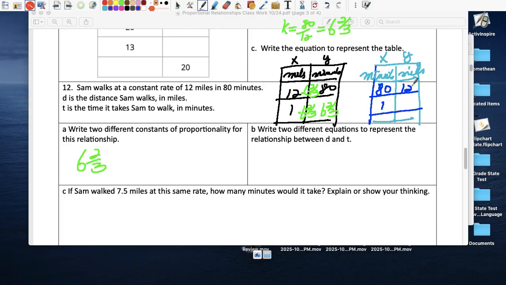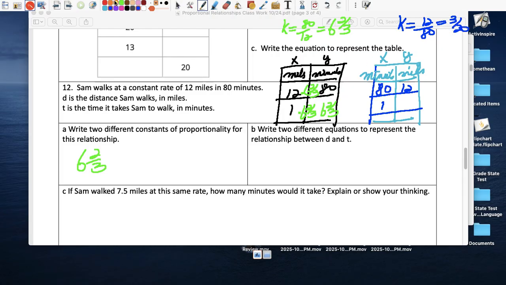So notice that the perspective is a little bit different. How do I find the constant of proportionality here? Same way, but it's going to be reversed. It's going to be 12 divided by 80. So if we simplify 12 over 80, you actually get 3 over 20.